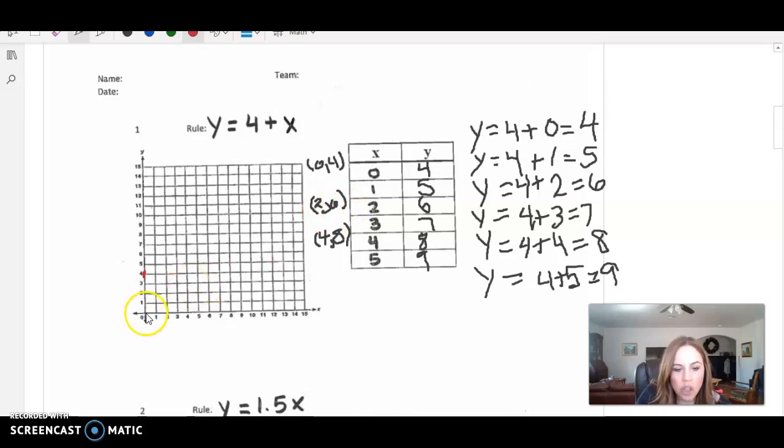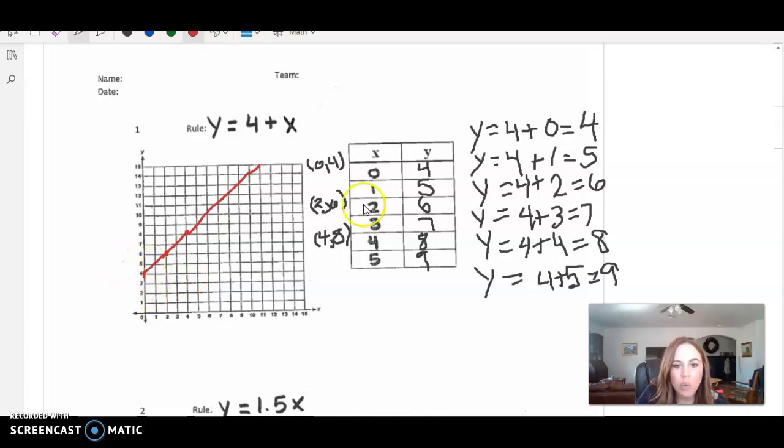So we start at the origin, go to the right 2, and then go up to 6 and put a dot. Let's do 4, 8. Starting at the origin, we're going to go to the right 4 and go up to 8. We can see our nice line taking form right here. All the way up like that.